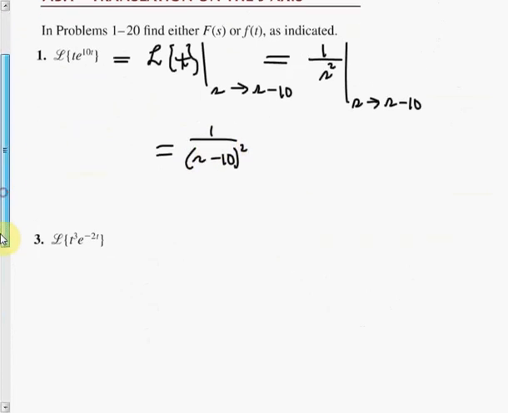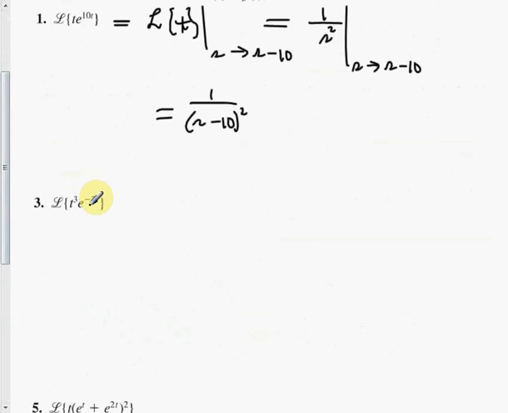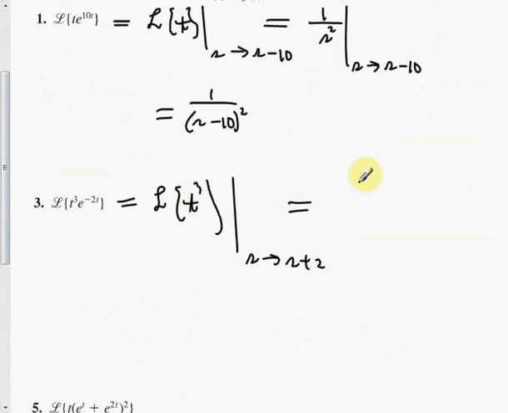Look at the next problem. See the parallel? Here I take the Laplace transform of t to the third, with the translation as s goes from s to s plus 2. Well, the Laplace transform of t to the third is 3 factorial, that's 6, all over s to the fourth, but s goes from s to s plus 2.